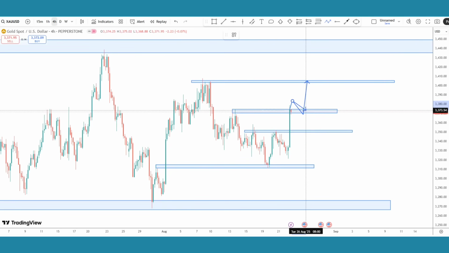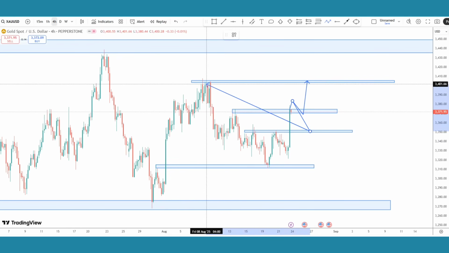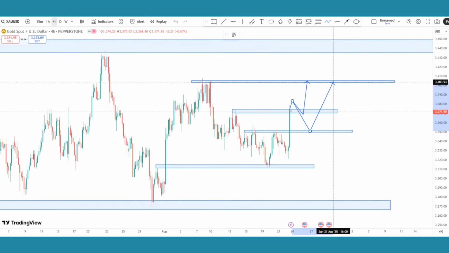So if price doesn't give any confirmation there, then I will see if price breaks down into this zone here, that's the 3350 level, and see if price gives me a buy opportunity here, then I'll look to buy as well. Again, targeting this level over here, the 1400 level essentially.